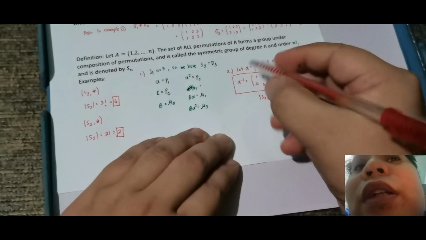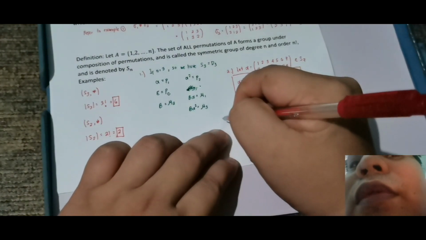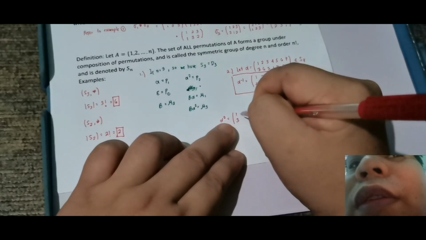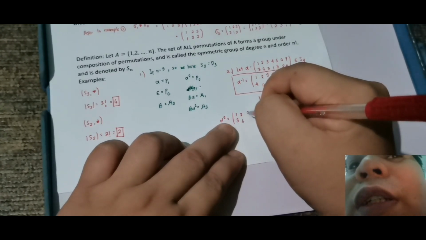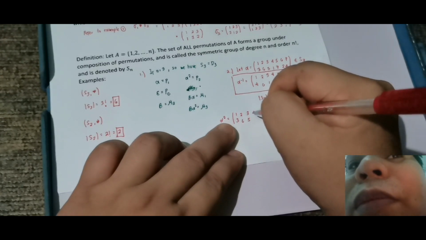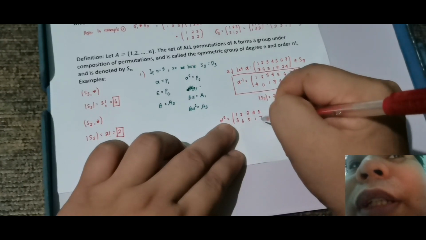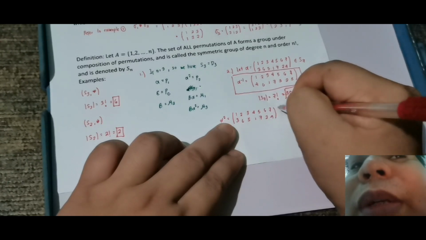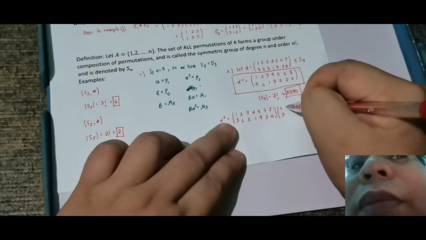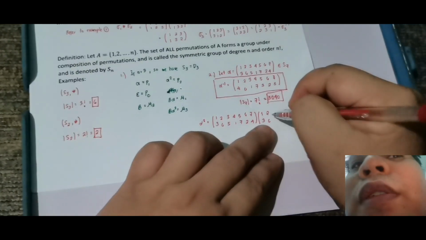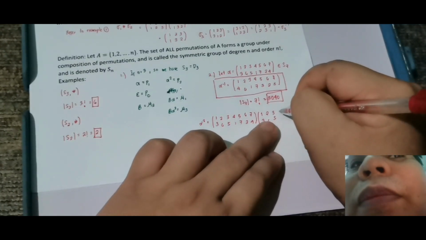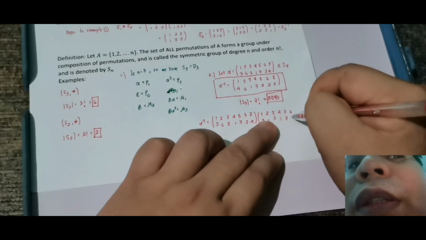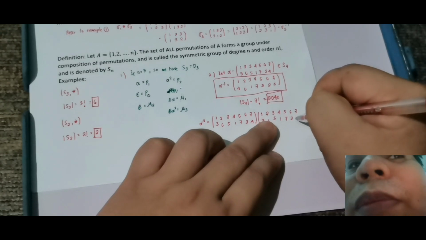So, alpha square is simply 1, 3, 2, 6, 3, 5, 4, 1, 5, 7, 6, 2, 7, 4.